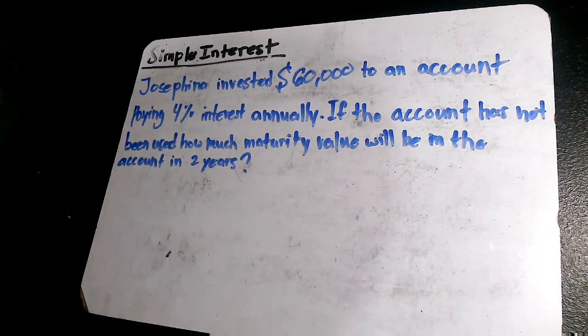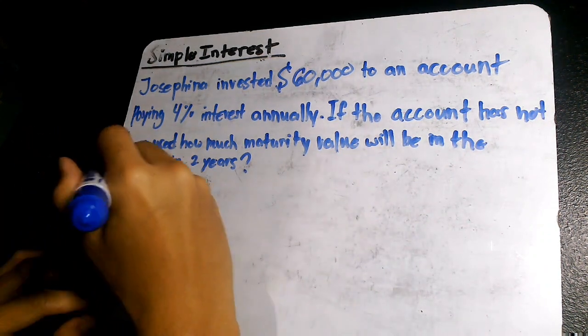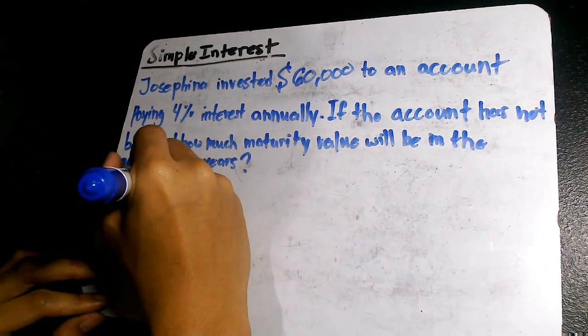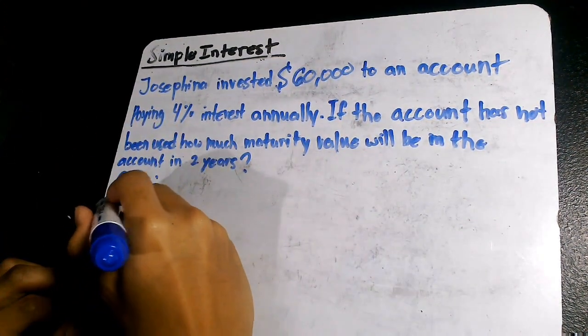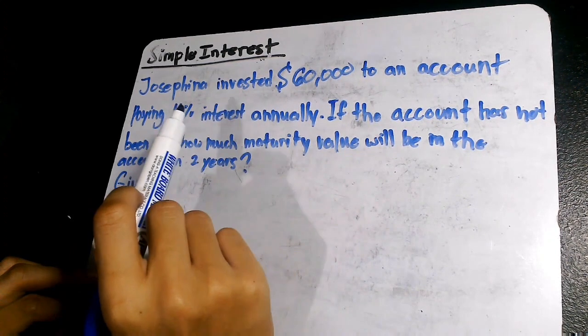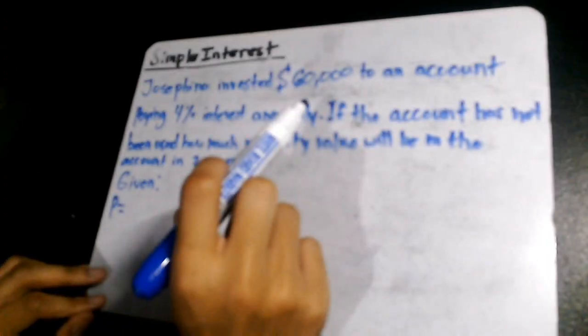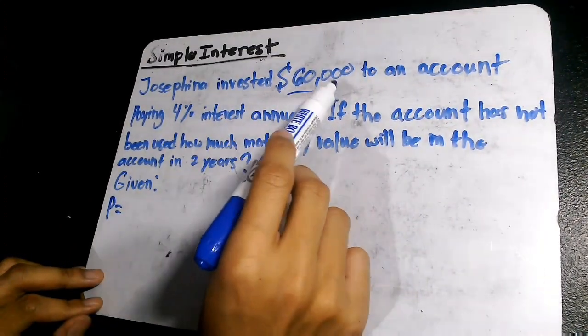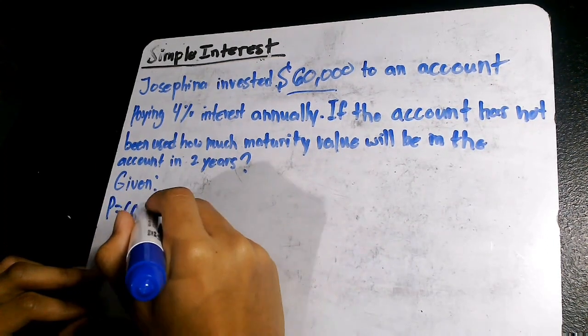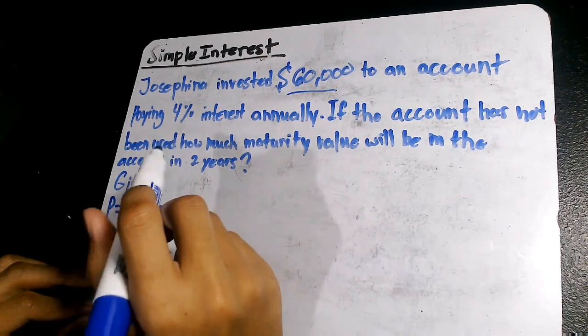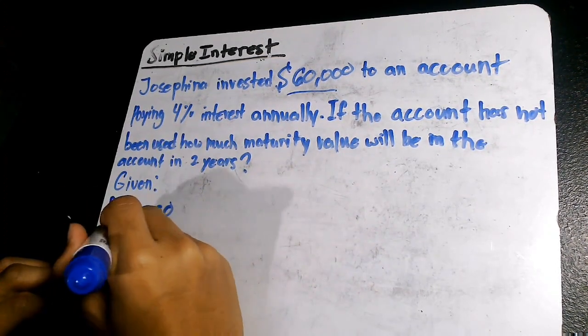First, we need to identify the given information and properly arrange them. Given. First, let us look for P, which is principal amount. Josefina invested $60,000. This is automatically the principal amount, 60,000. Now, let us look for R, or rate.